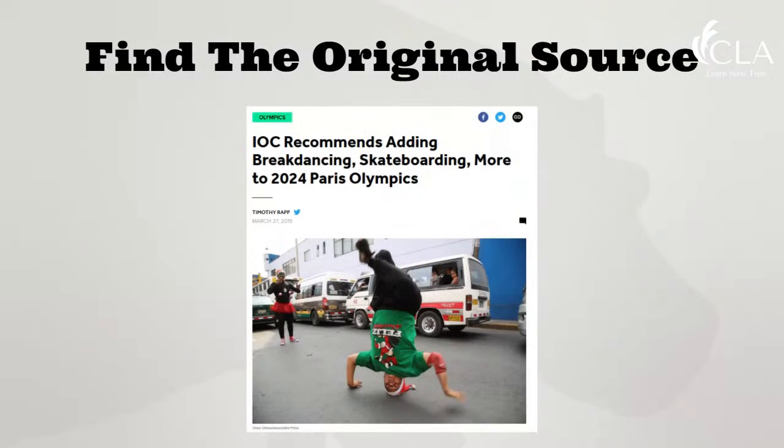So, for example, this story here from the Bleacher Report claims that breakdancing and skateboarding are going to become official Olympic events. And when we scroll down a bit, we see that it's based on earlier stories from Reuters and the Associated Press, which are both reliable sources.